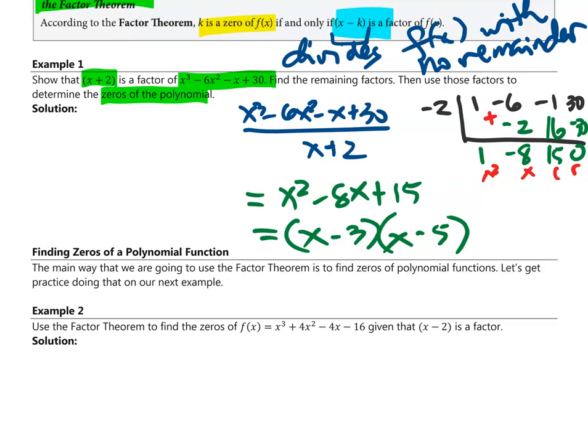So here we can say that the zeros are from x plus 2, that's negative 2, x minus 3, that is 3, x minus 5, that is 5.